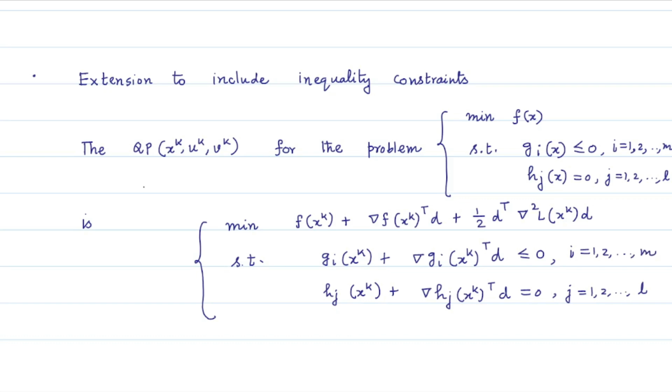This is your quadratic programming problem at the iterative point xk together with Lagrange multipliers uk and vk.